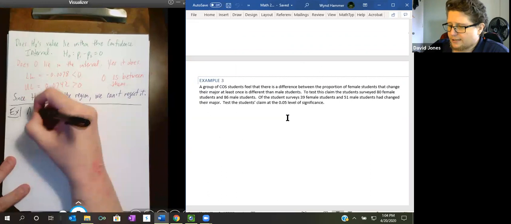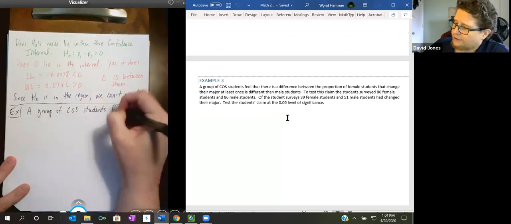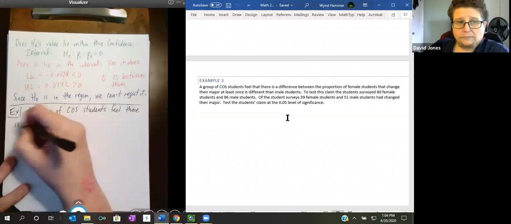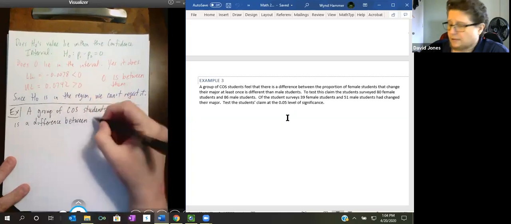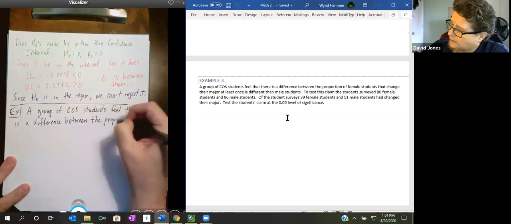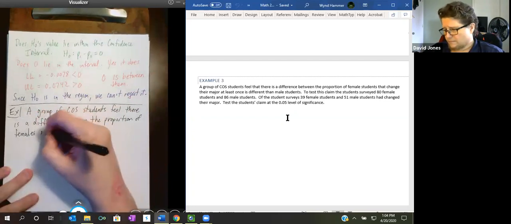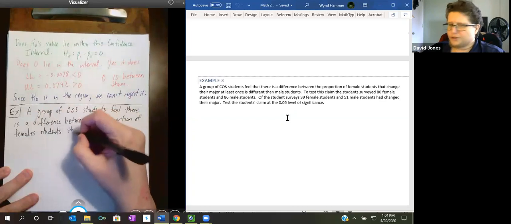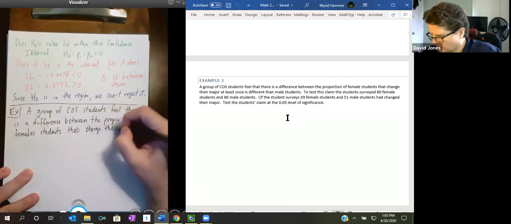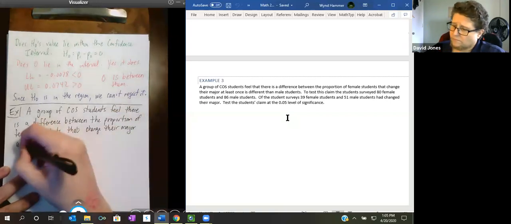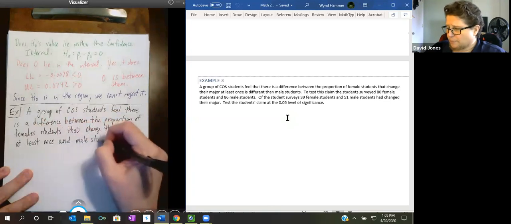A group of COS students feel there is a difference between the proportion of female students that change their major at least once and male students. The two groups have different proportions.